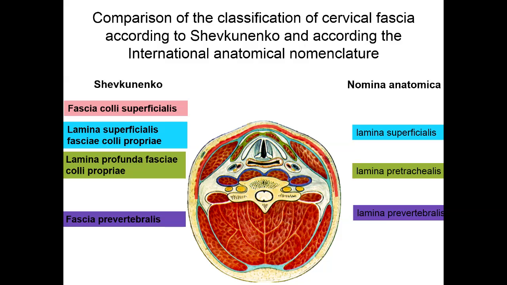But platysma has its own sheet from fascia colli superficialis. And also we can use the next, yellow fascia endocervicalis, which covers internal viscera, internal organs of the neck.